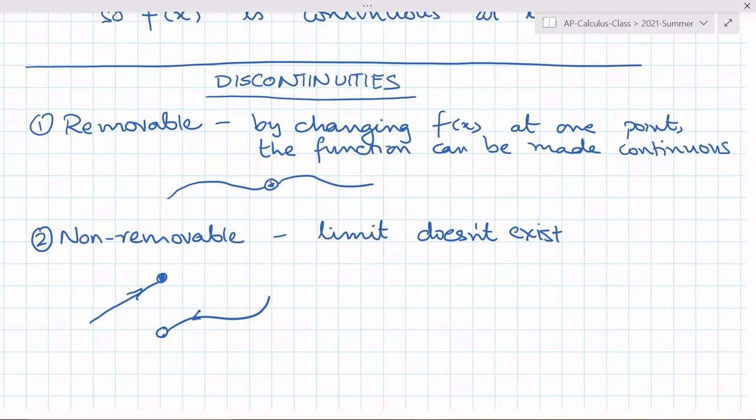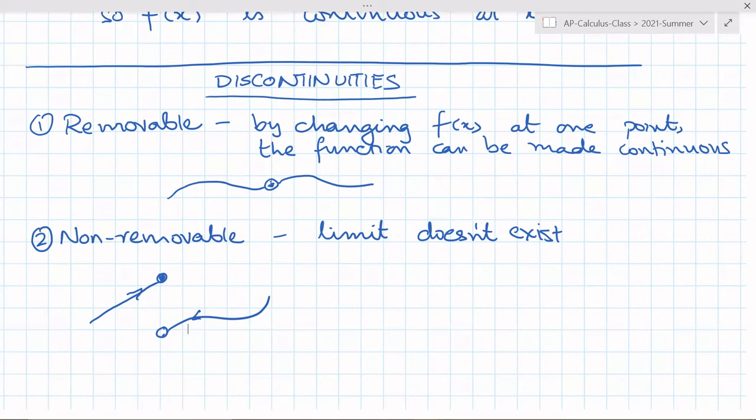So if the first condition fails, if the function is not defined there, we could still be able to fix it, right? Because if it's a hole, we might be able to fill it. But if the second condition fails, the limit doesn't exist, then it's non-removable. Then we cannot do anything more.